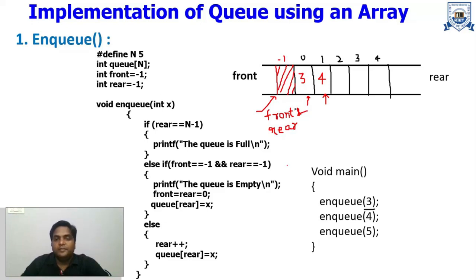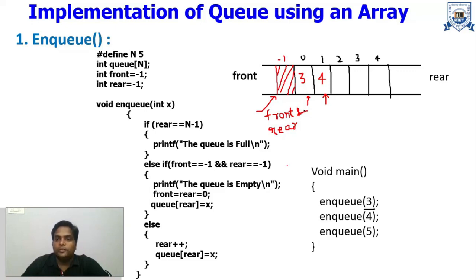And when front and rear are -1 and we want to insert, we simply increase the value of front and rear by 1, that is front and rear become 0. So in the else condition we check front and rear equal to -1. Yes, if this is -1, that means the queue is empty. So we just put the value of front and rear as 0.